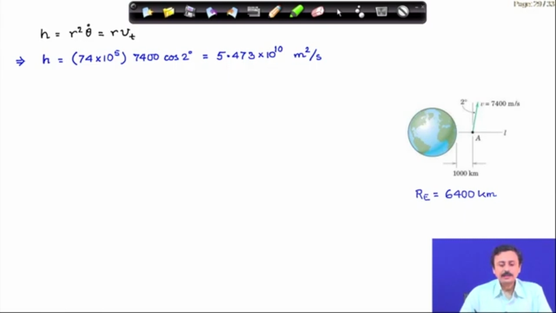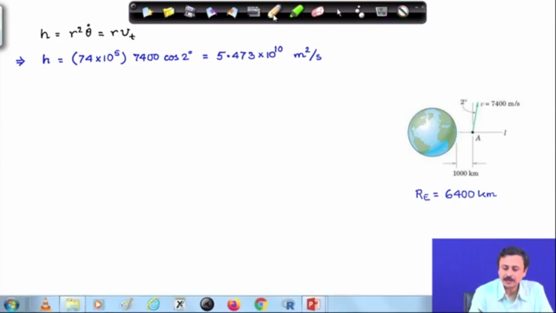First, we calculate the angular momentum per unit mass. We are given the speed at this point, 7400 meters per second at an angle of 2 degrees. Therefore, I can calculate the tangential velocity first. v_t, the tangential velocity, can be calculated as v times cos 2 degrees, this projection in this direction. v times cosine of 2 degrees is going to be v_t.